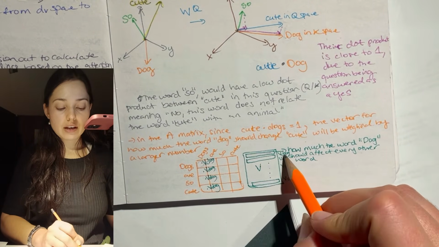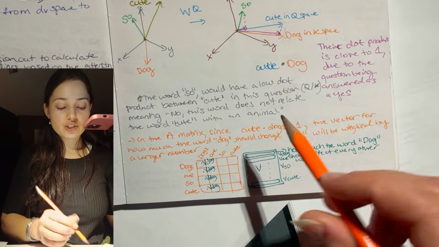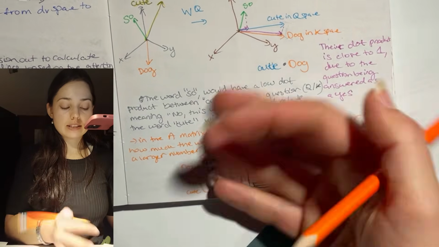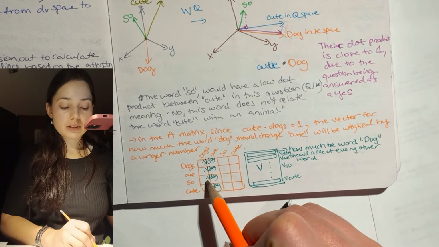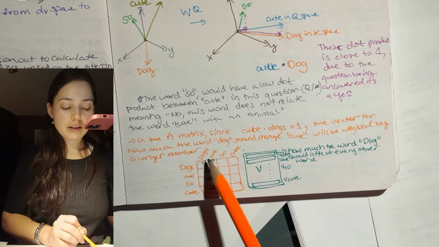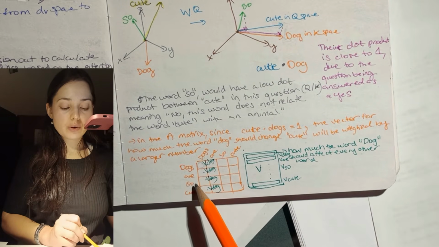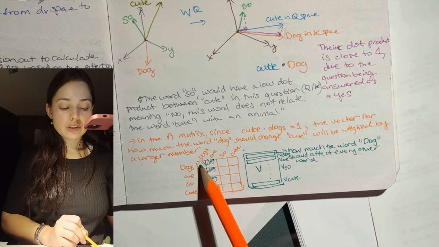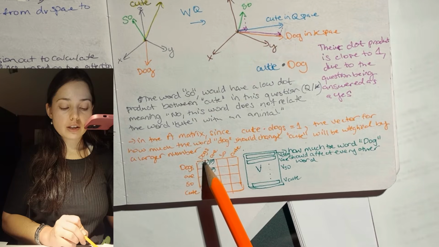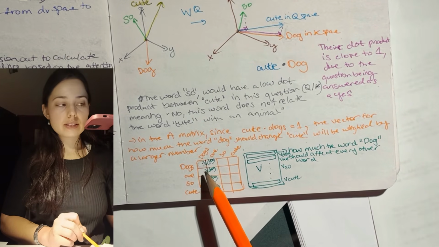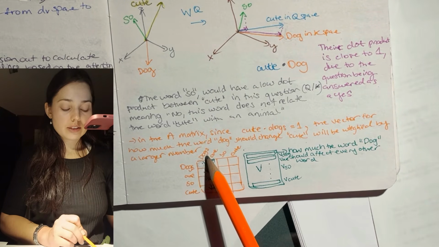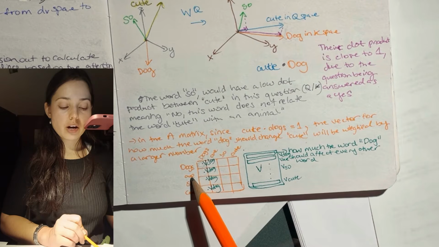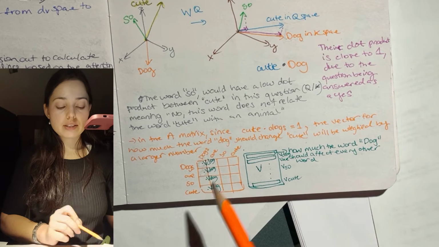We have how much it is changed if dog answers yes. Each one of these is multiplied by dog, because dog is attending to each one of these words. So here, dog attends to the word dog by whatever number is in the cell. In this case, the word dog attends to the word are by this number, and so on.